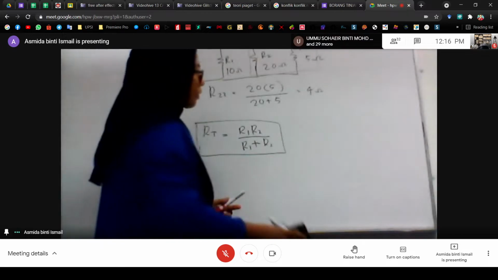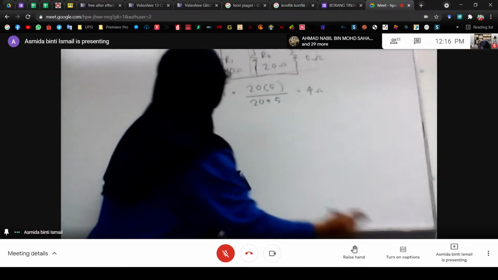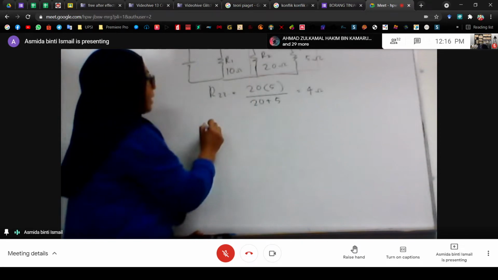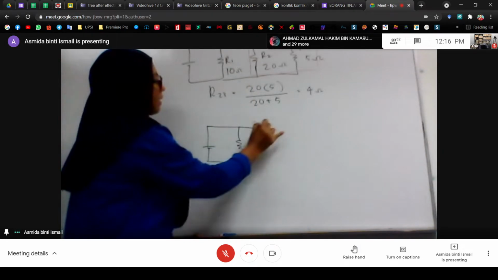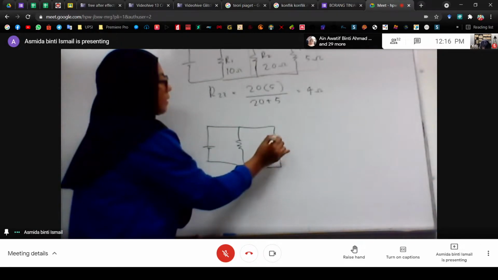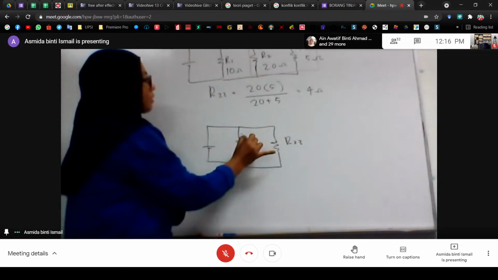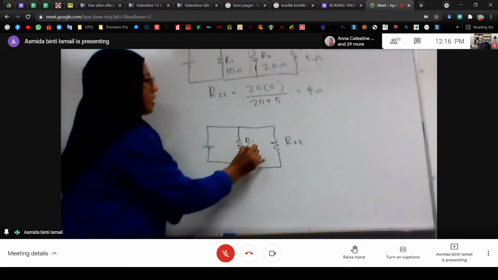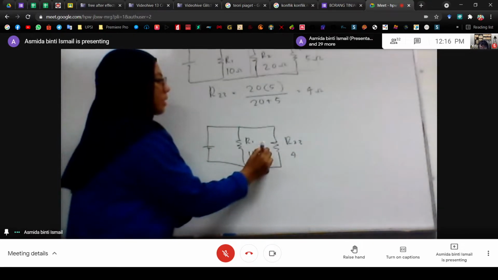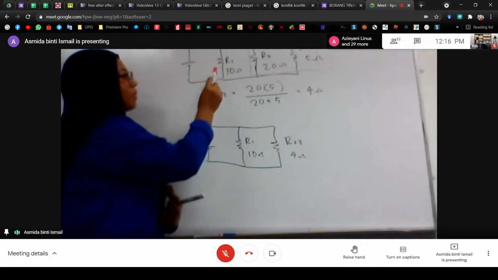After that, your circuit: this is R2. This is 10, this is 4, this is 10 volt. You transform from this to this.